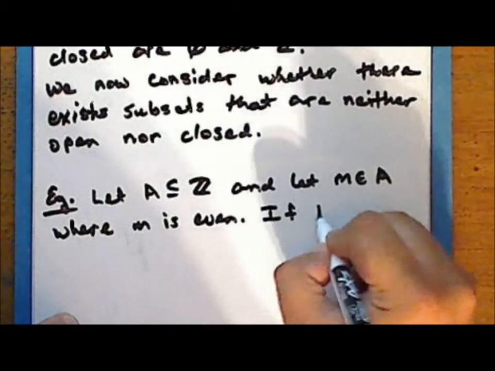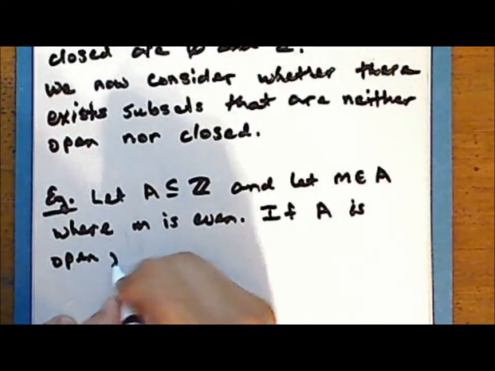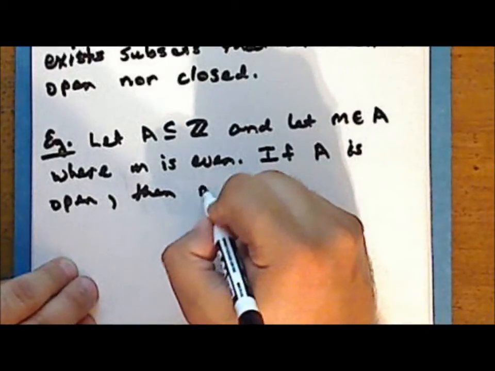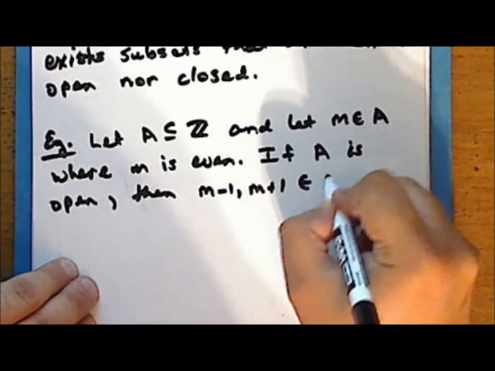If the set A is open, then the two consecutive odd integers, m minus 1 and m plus 1, are in the set A.